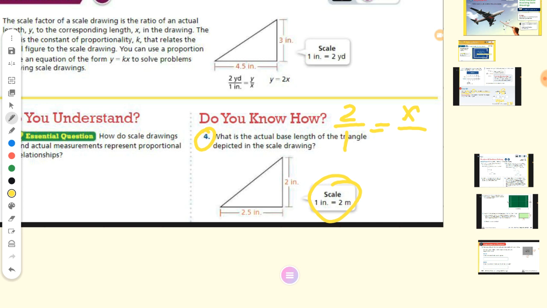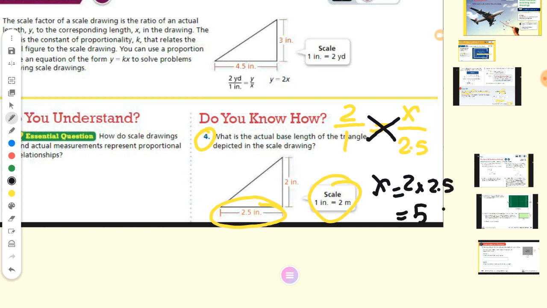And he needs the actual base length. The base length here is 2.5, so down 2.5. So the actual length by cross multiplication is X equals 2 multiplied by 2.5, which equals 5 meters.